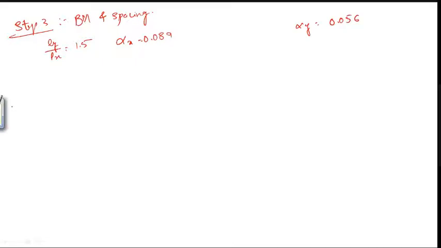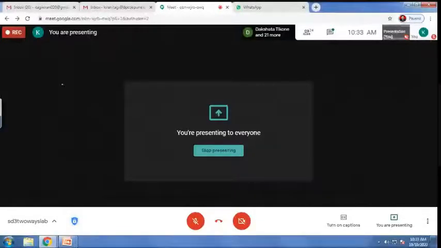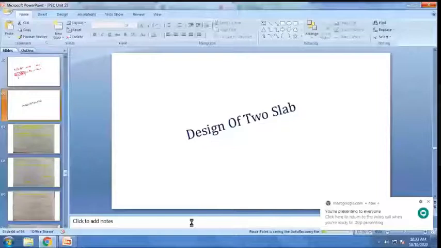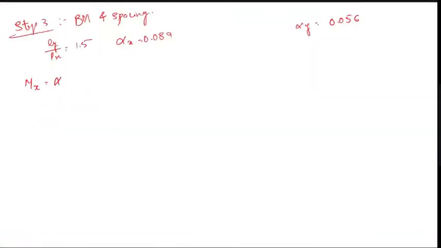Okay, from the code book we have Mx equals alpha x into W into Lx square. For My we have alpha y W into Lx square.